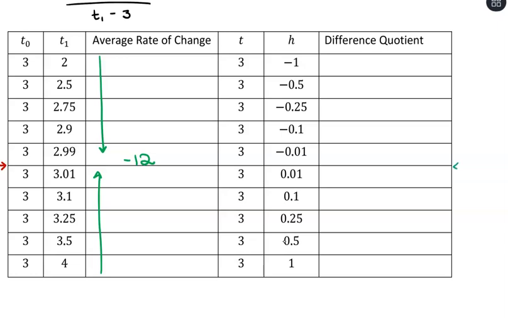So we're essentially approaching the point where h equals 0, where we have no distance, but we just can't plug that in. And then same thing above, we're just a little above 3, a little further away. And we want to see what's happening from this side as we get closer and closer. So we want to see what we are approaching from both sides on this table.